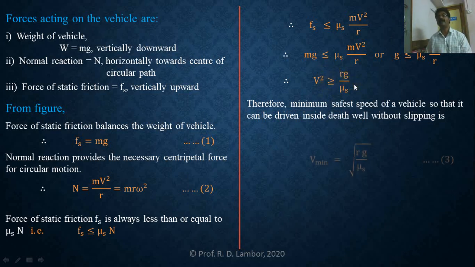So the minimum safe speed of a vehicle so that it can be driven inside a well of death without slipping is given by equation 3: V minimum equal to under root Rg upon mu s.